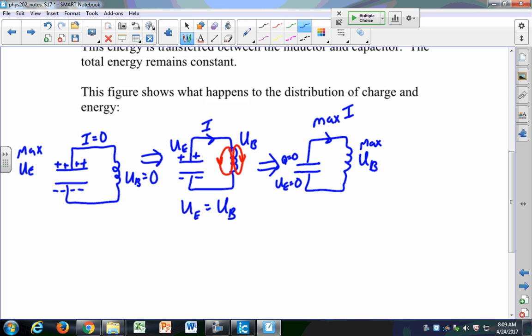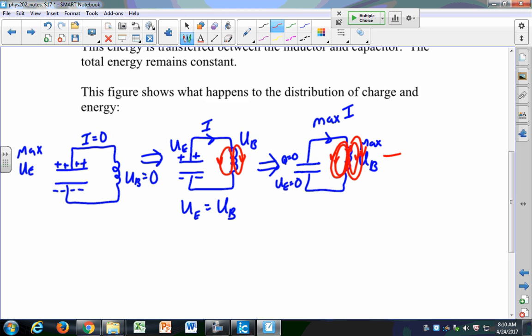Now what you're going to get is this thing that's going to oscillate back and forth between these states. Here I'm going to have a stronger magnetic field. In fact, the strongest magnetic field that I have will be at that point when the charge on the capacitor is equal to 0. All right, and then we can go back.